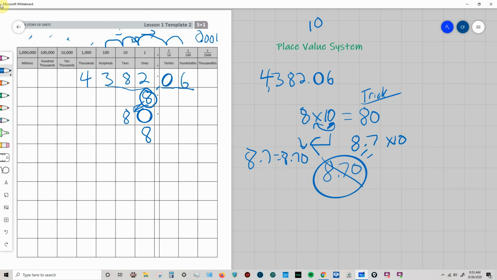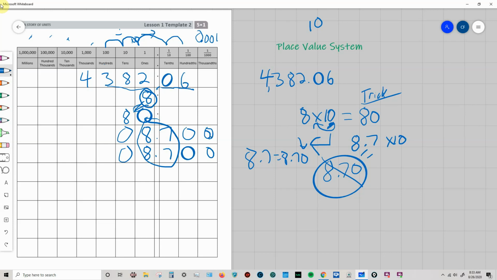So you say 8 and 7/10 or 8 and 70/100ths. Remember, all the things that are not filled in are zeros. You can see it's all zeros. It's still just 8.7 or 8 and 7/10. So don't rely on the trick.